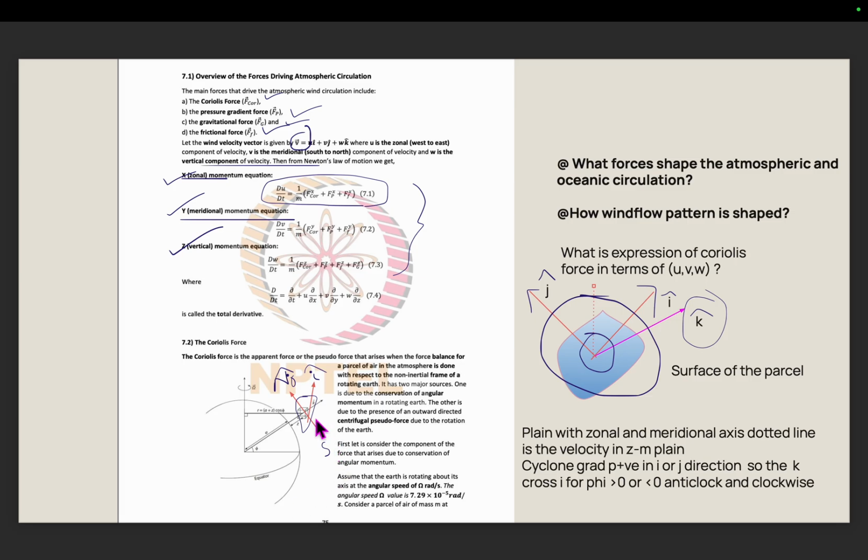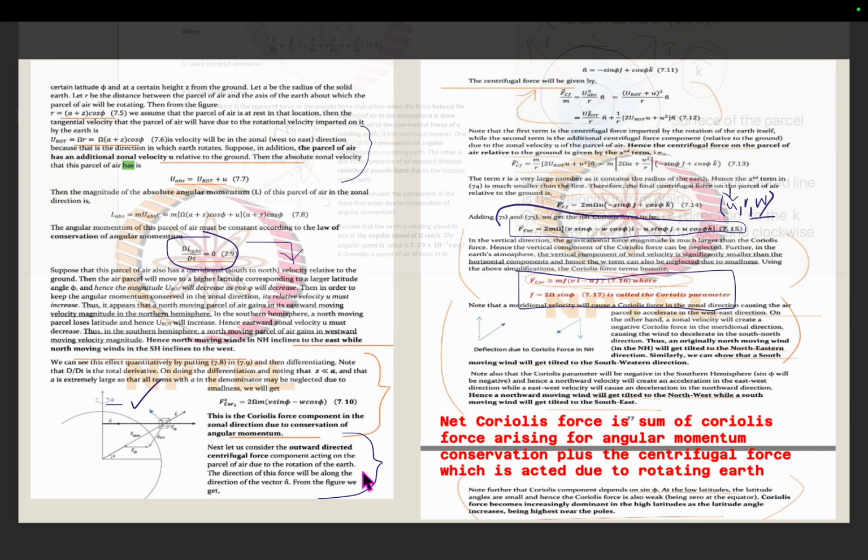So this gives you a positive value: del T by del y is positive as you are moving to the south pole.